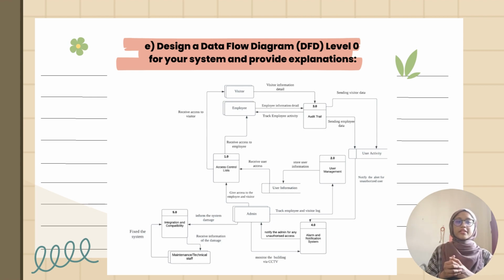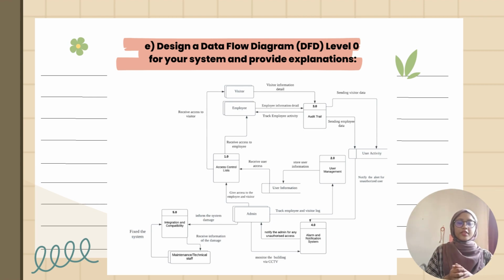Next, the user management process will send and store user information to the user information data store. Then the user information data store will receive access to the system through the access control list process. The alarm and notification system process will notify the admin of any unauthorized access, and the admin can monitor the building via CCTV.